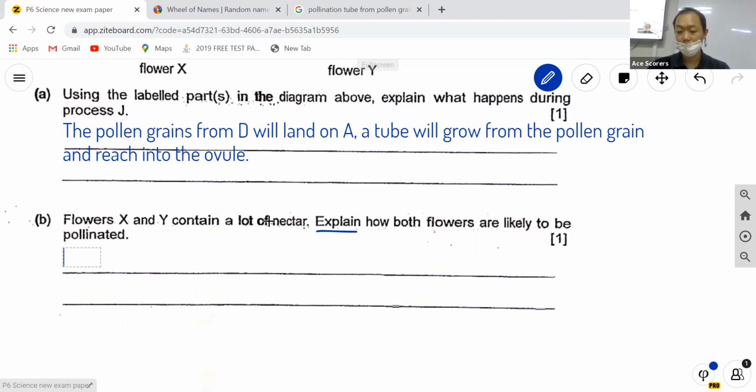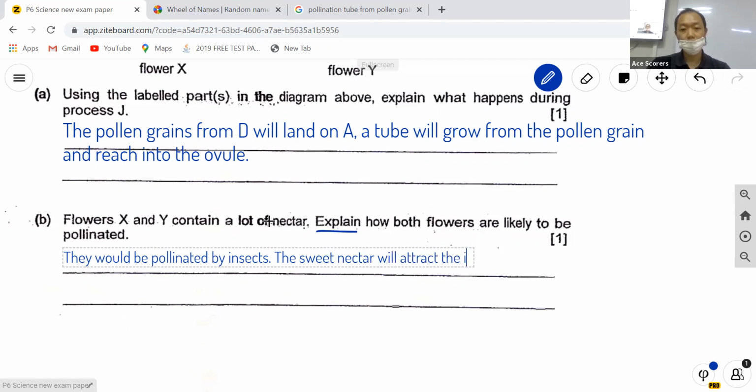They would be pollinated by insects. Why insects? Because we talk about the nectar. The sweet nectar will attract the insects.